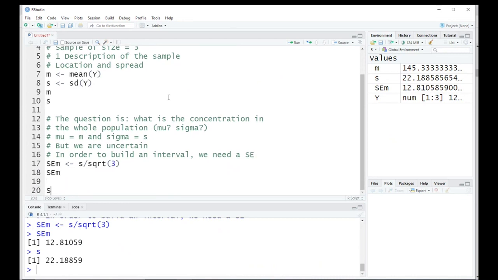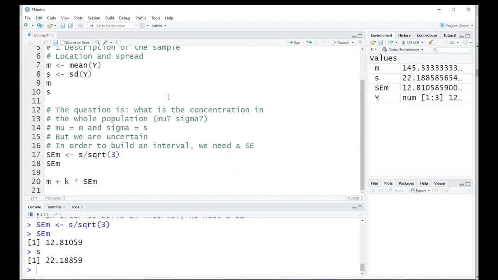So we add to our estimate M, we add and subtract a multiple k of the standard error. So this is our expression.